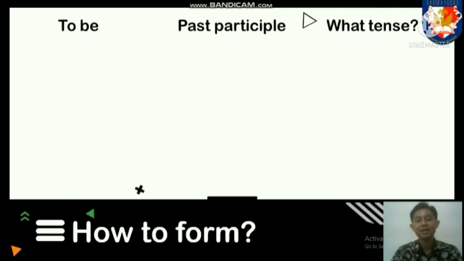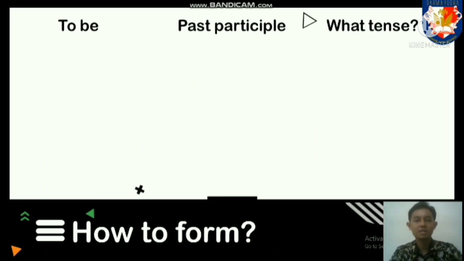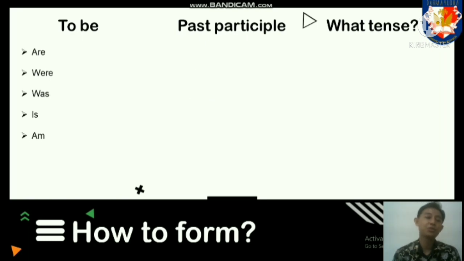Okay, here this is actually started right now. At this moment I'm going to show you how to form it, guys. I'm going to show you the basic form of simple present passive and simple past passive. As you can see here, we have to use to be, guys.